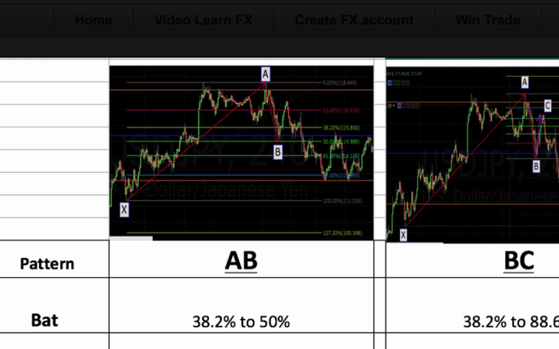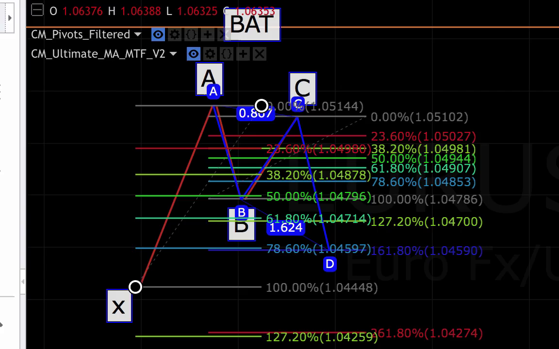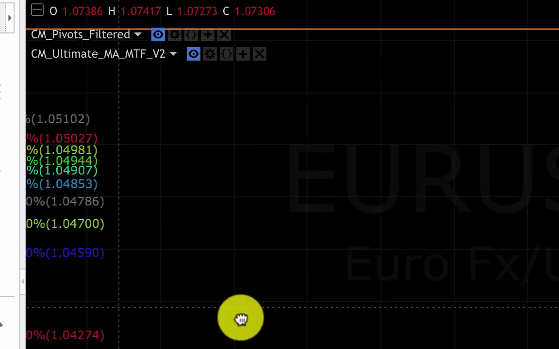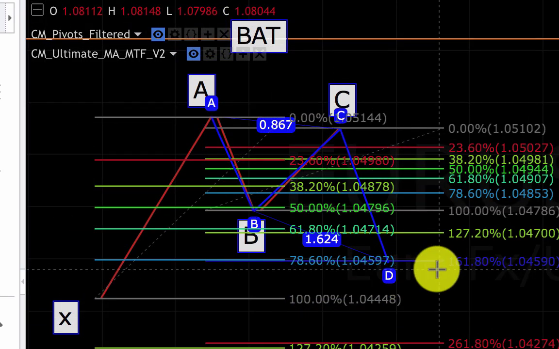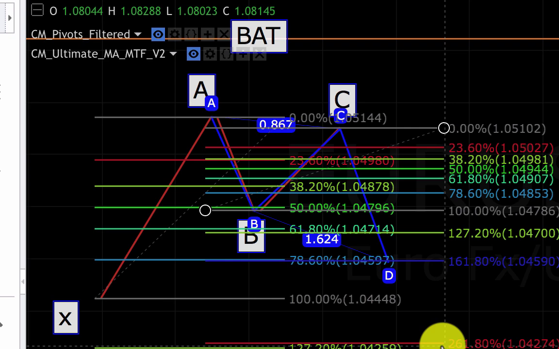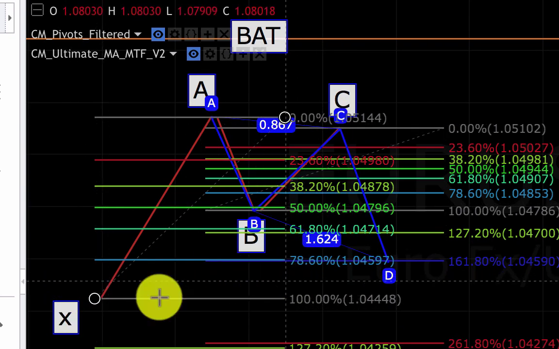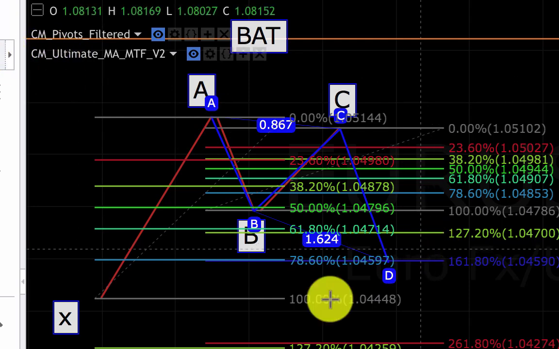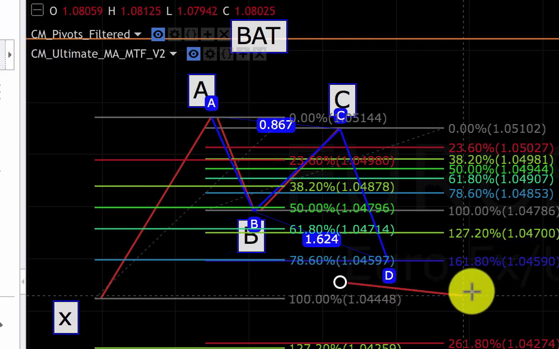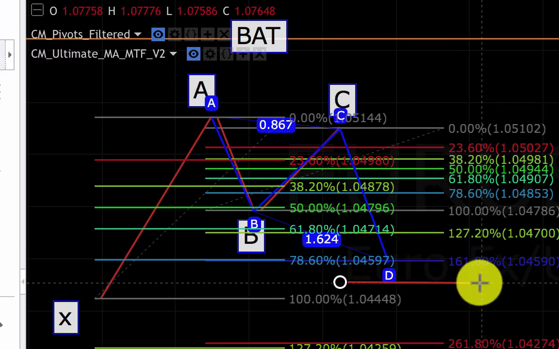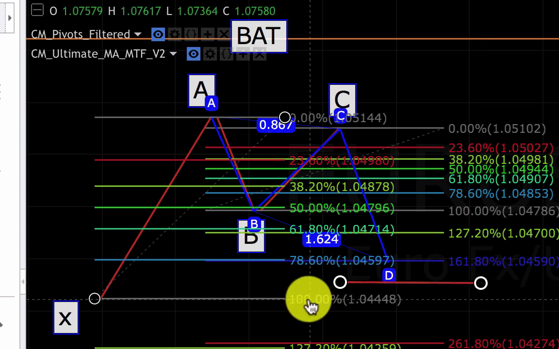But it will be 88.6. So if that's 88.6, then in between 161 to 261 of BC and 88% of XA, it's over here. There. This is the 100%.